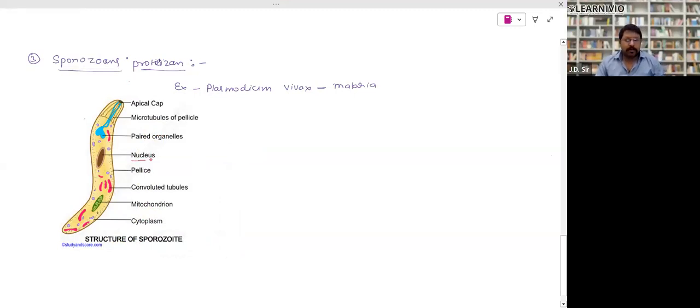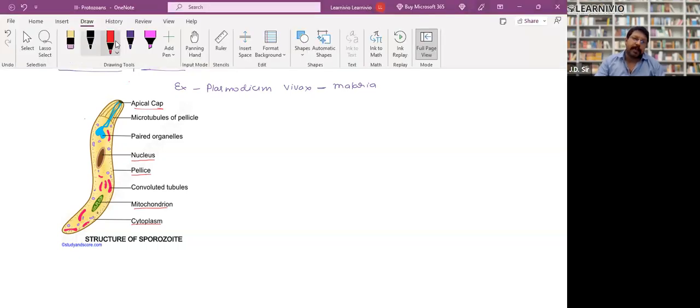There is a nucleus, pellicle, you already know what the pellicle is. Mitochondria is present. Cytoplasm is present, right? There are some organelles, and it has an apical cap. So it's a very simple kind of organism. As I have already told you, the peculiarity of this organism is that it causes malaria, right? So it is the parasite of malaria.